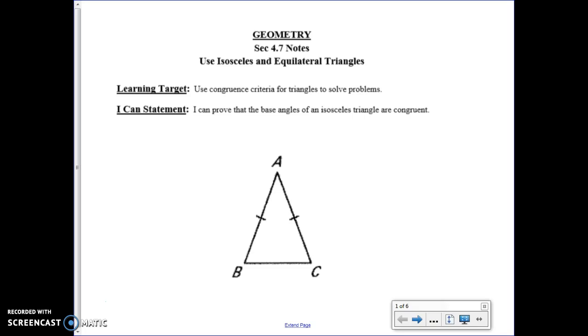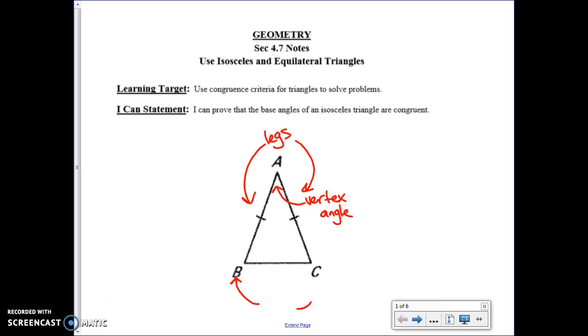First off, the angle that's between the two congruent sides is called the vertex angle. Those two congruent sides are called legs.